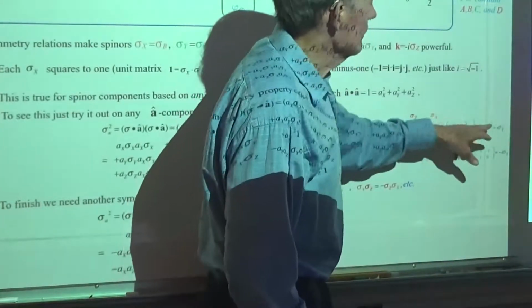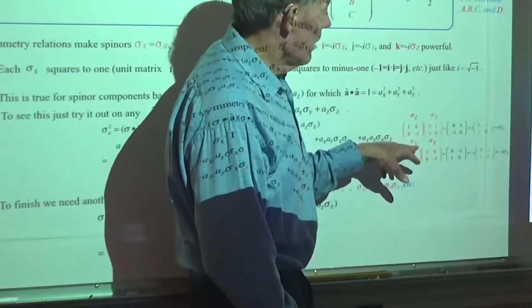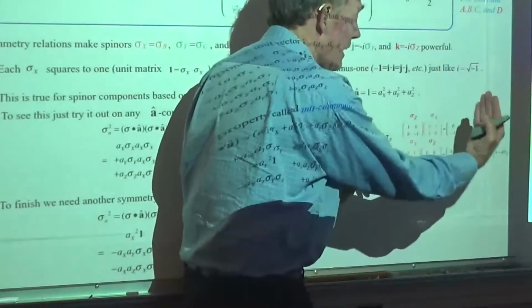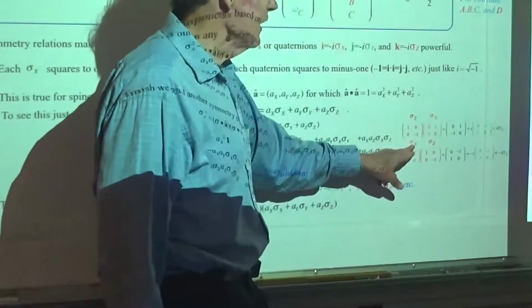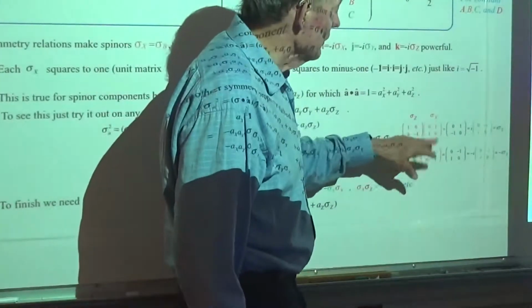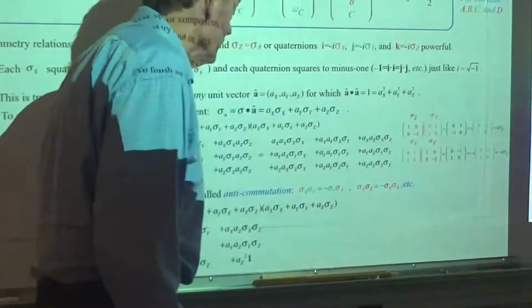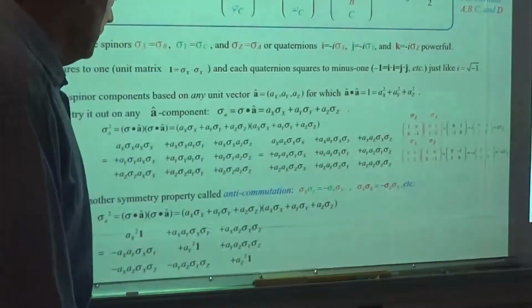Z times x gives you i times y. But flip them around, so you do z first and then x, and I like to say that because usually I operate with things like this on the right. So this gets to x first and that gets to x second, and then I have reversal of this, and that's just a minus of this. So the anti-symmetry of that kills all the cross terms in this expression right here.